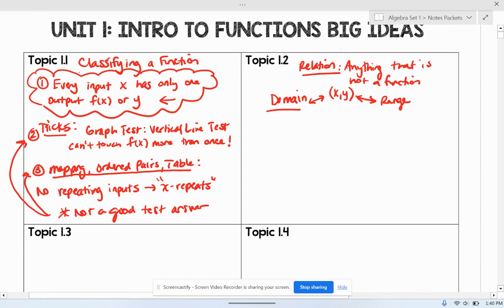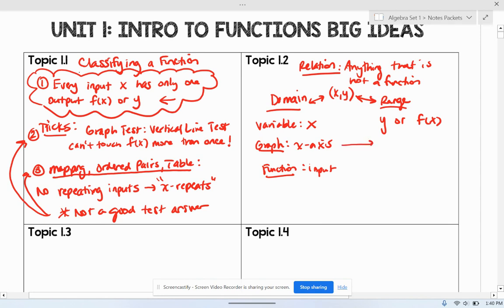Okay, the domain encompasses the variable x. On the graph, you can find the domain along the x-axis. And in a function form, the domain can be thought of as the input. The range, on the other hand, is going to be y, or sometimes you see it written as f of x.